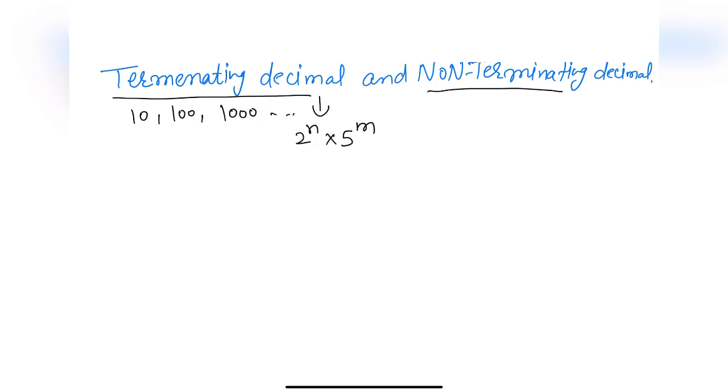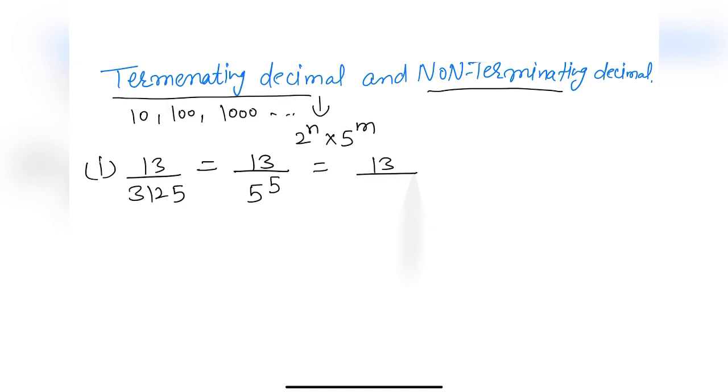First, we have an exercise in which the questions are based upon without actually performing the long division. State whether the following rational numbers will have a terminating decimal expansion or a non-terminating repeating decimal expansion. The first question is 13 upon 3125. To check whether it is of the form 2 to the n into 5 to the m, factorize 3125. Then we get 5 raised to power 5.